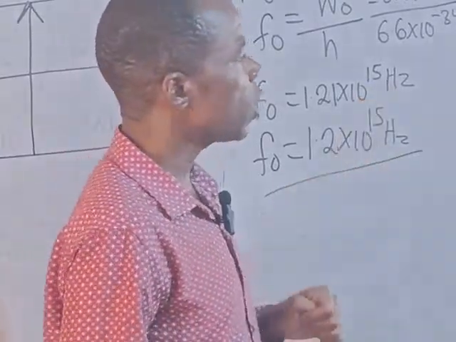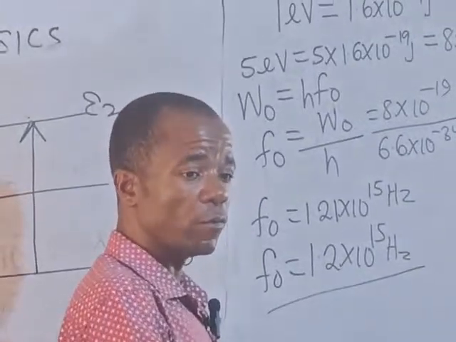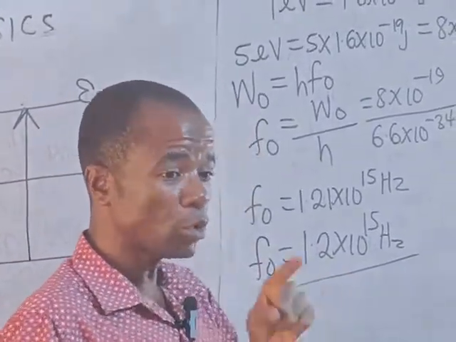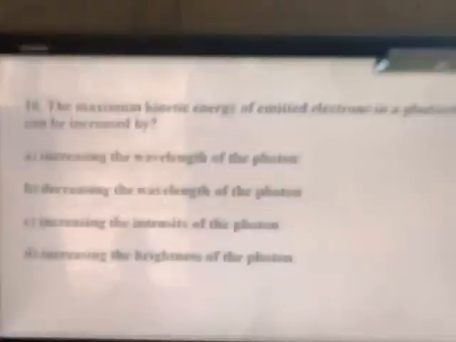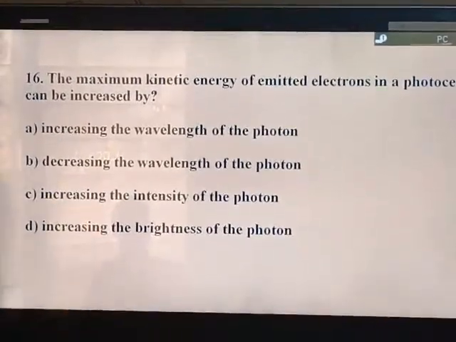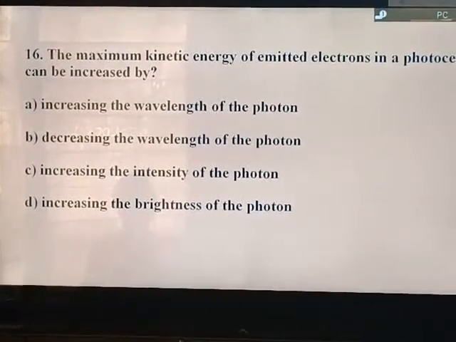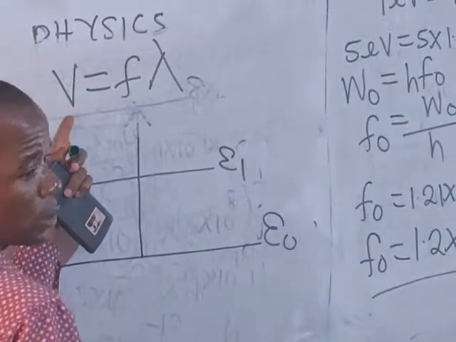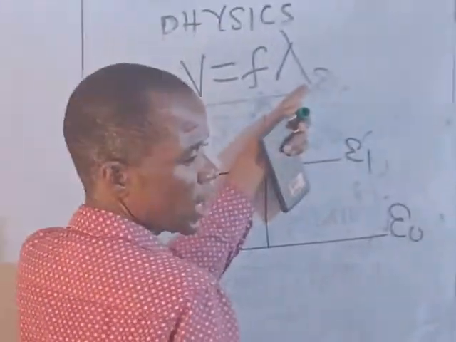Now, let's focus on the 2 important ones there, which is the frequency of the photon or light and the wavelength. When I was explaining that, I told you that frequency and wavelength are inversely proportional to one another. Even you remember from your knowledge of physics, you know that v is equal to f lambda. v is the speed, f is the frequency, lambda is the wavelength.